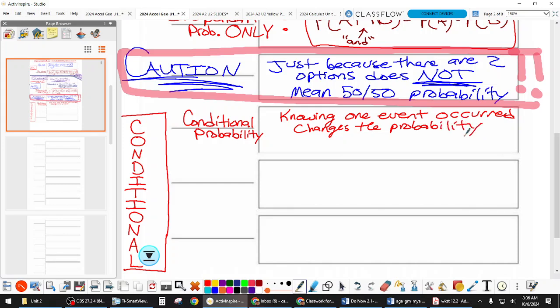Probability. There we go. So knowing one event occurred changes the probability of a second event.